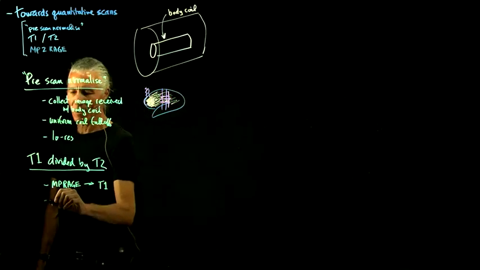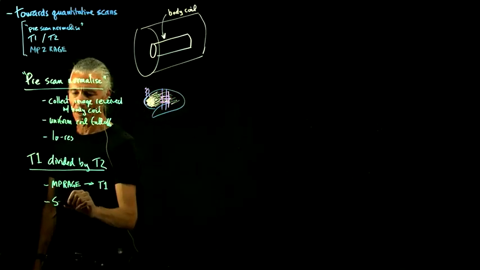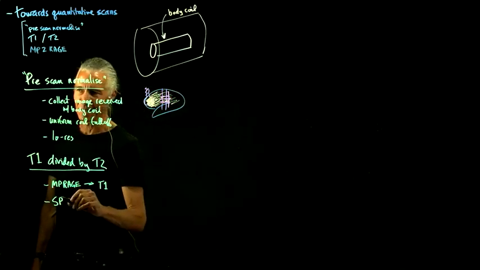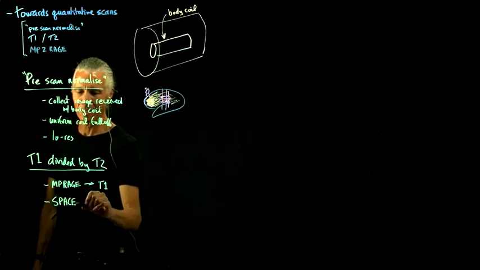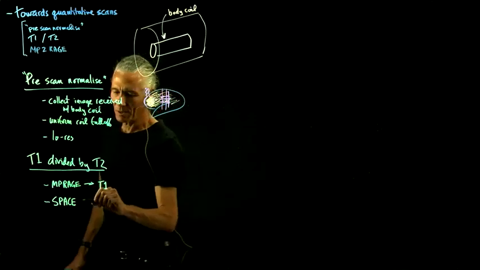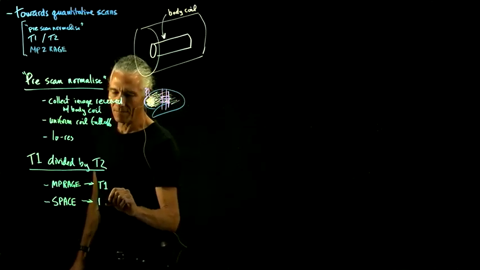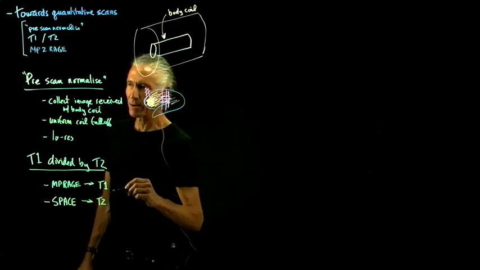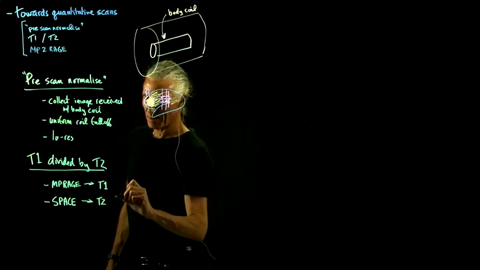And then we take another image like that one that I talked about, like the really fast spin echo. So it's like a SPACE scan. You can make a SPACE scan proton density weighted, but you can also make it T2 weighted. If you make it T2 weighted, there's no difference between gray and white. So gray matter is about the same as white matter.